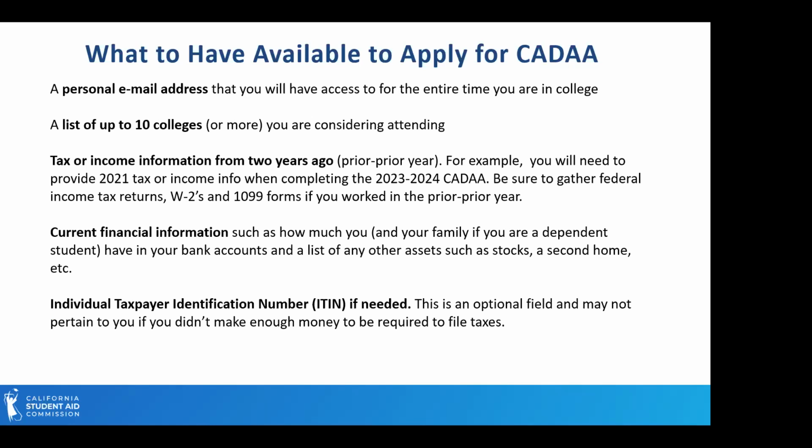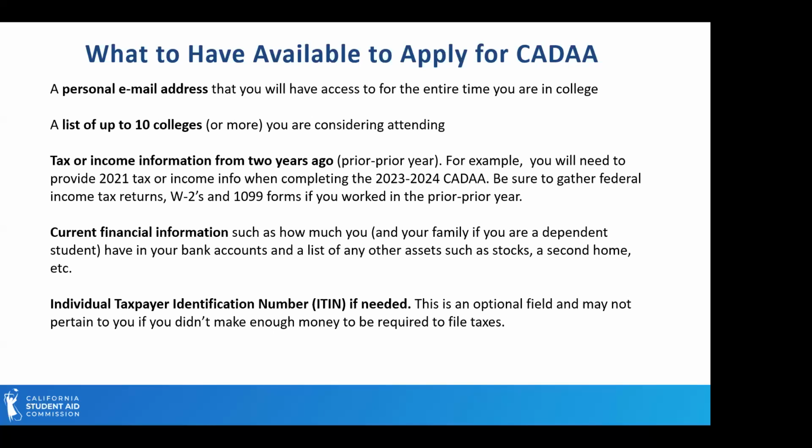And again, you want to reply to those communications as soon as possible after receiving them. Second is to have a list of up to 10 colleges that you are considering attending. Now, if you have more, that is great, but you will have to add those additional colleges in a subsequent submission.